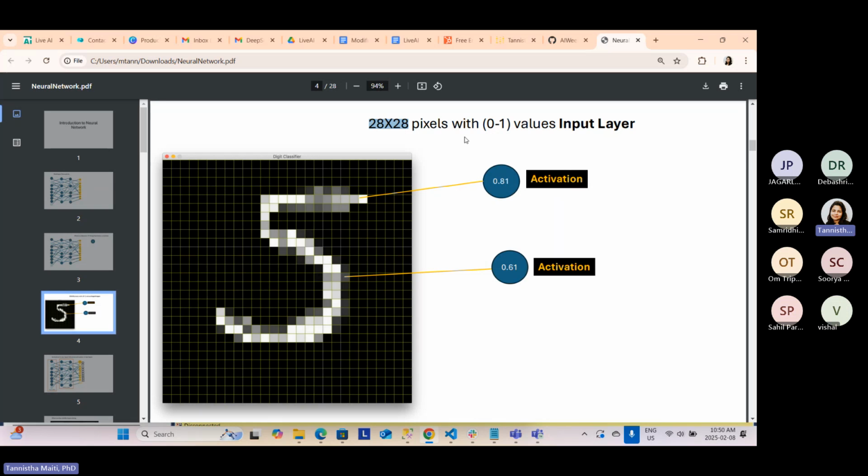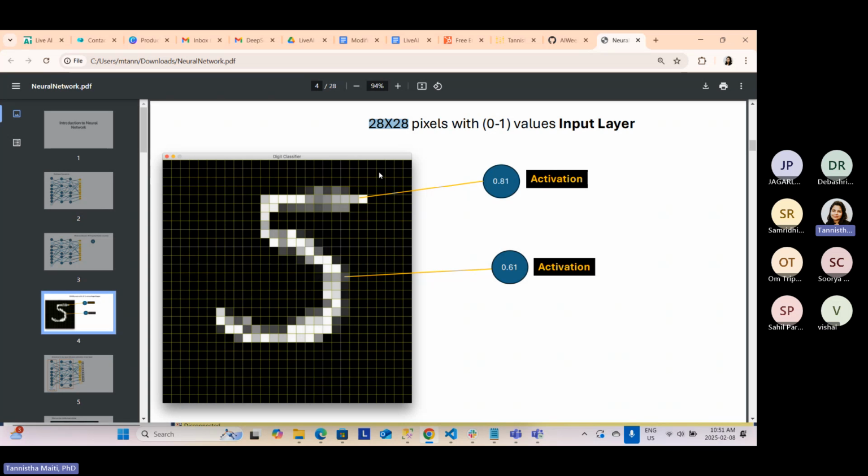Within the lecture, I'll talk a lot about activation. You just have to understand that each of these pixels has a value between 0 and 1, and that's the activation. Completely black sections will be 0, and the really light ones will be 1.